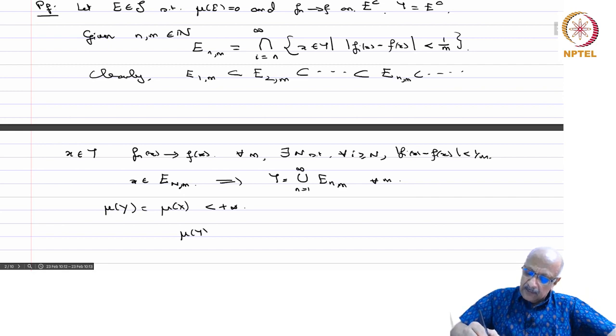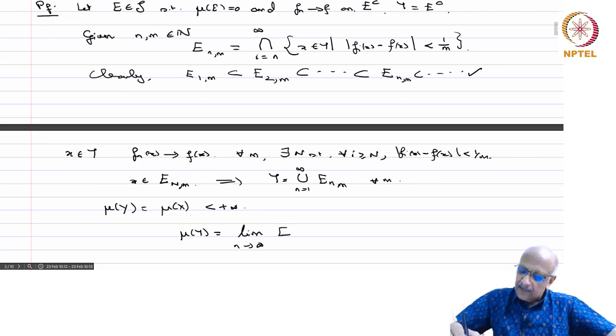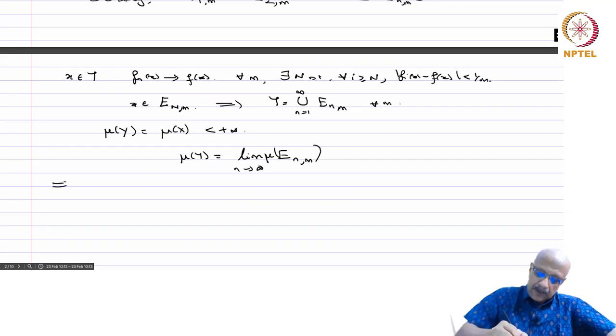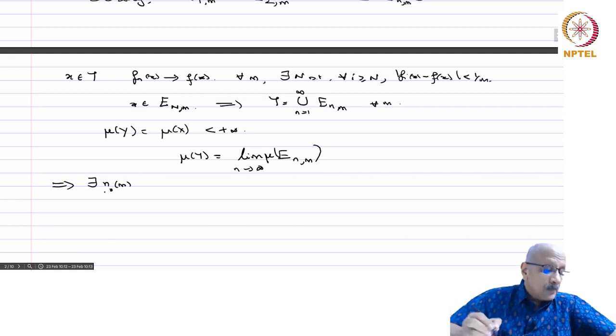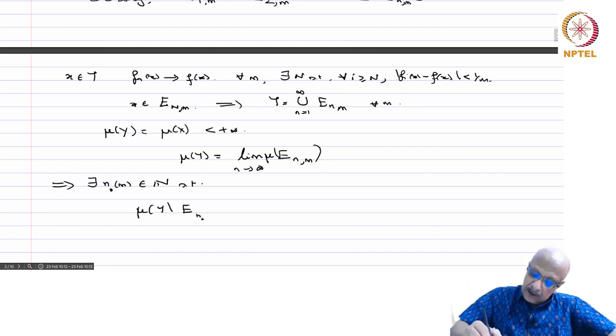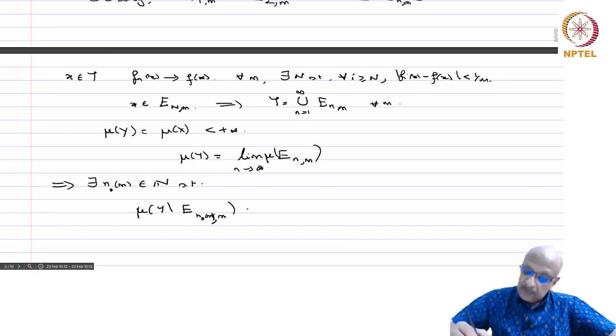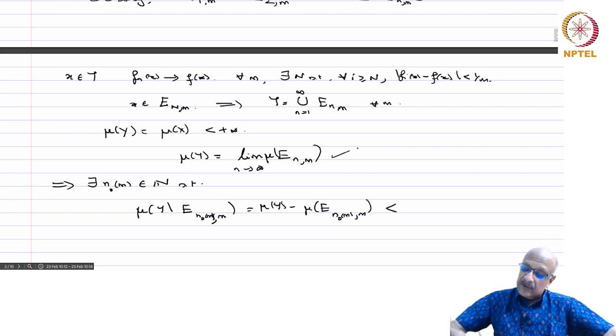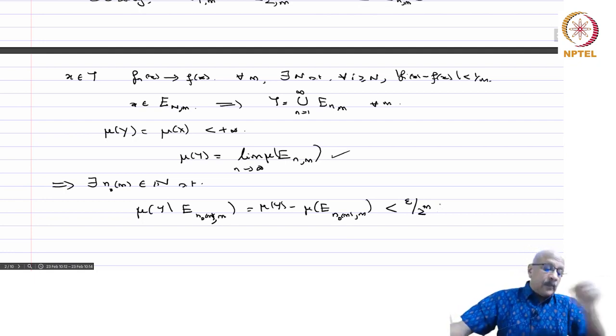Now therefore, since Y is the increasing limit of the sets E_{n,m}, you have mu of Y equal to the limit as n tends to infinity of mu of E_{n,m}, and because of the finiteness, there exists n_0 of m such that mu of Y minus E_{n_0,m}, which is mu of Y minus mu of E_{n_0,m}, can be made as small as you like because of this limit, and I am going to choose epsilon by 2 power m.